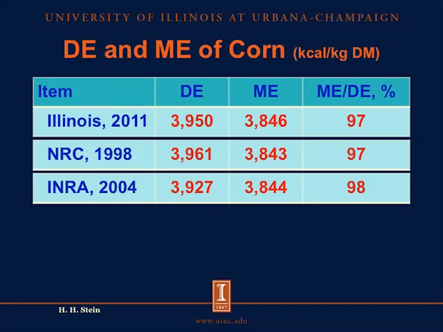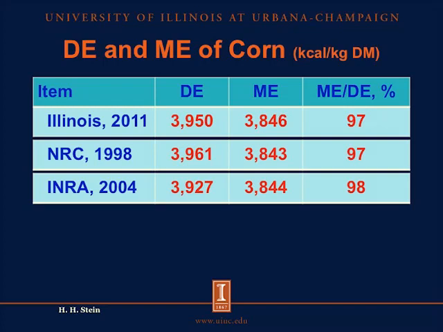We can also compare the digestible and metabolizable energy of corn to that published from other sources. You'll see here that the 9 sources that we have worked with at the University of Illinois on average contain 3,950 kilocalories of digestible energy and 3,846 kilocalories of metabolizable energy.